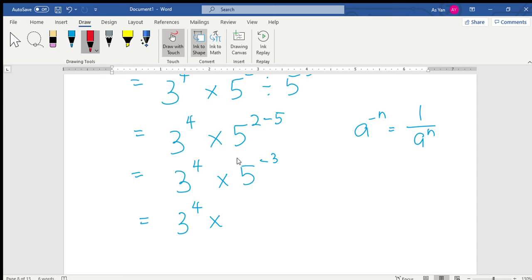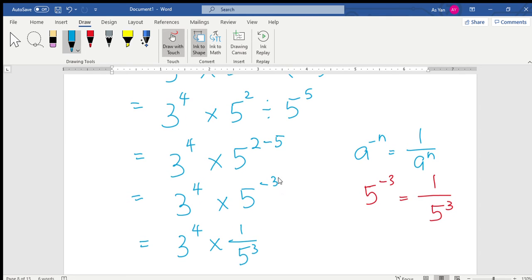So 5 to the power of negative 3 equals 1 over 5 to the power of 3. When we see a negative index, we change it to positive index form. So this 1 over 5 to the power of 3 is substituted for the 5 to the power of negative 3.